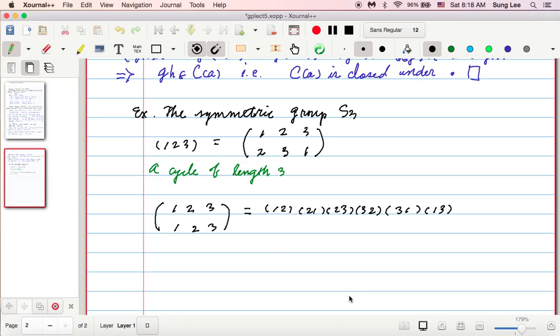So this tells us that 1 goes to 1, 2 goes to 2, 3 goes to 3, right? So it can be written as a product of these transpositions. In fact, it can be written as the product of an even number of transpositions.